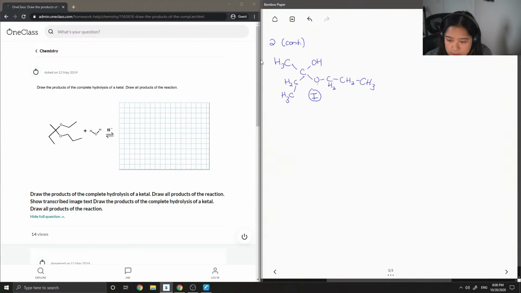So this can undergo another hydrolysis reaction. So I'm just going to show the plus water, and then an H plus. And then you get the following products.